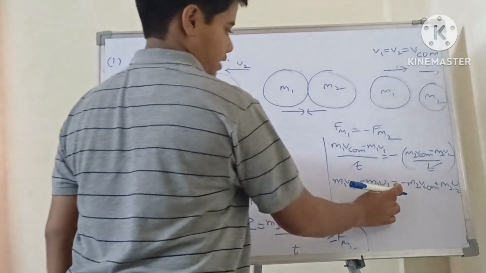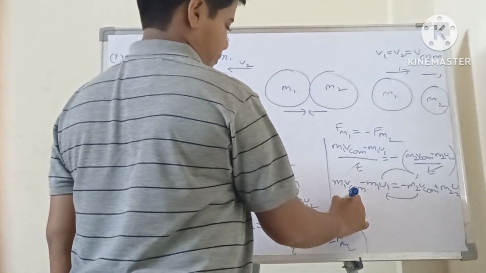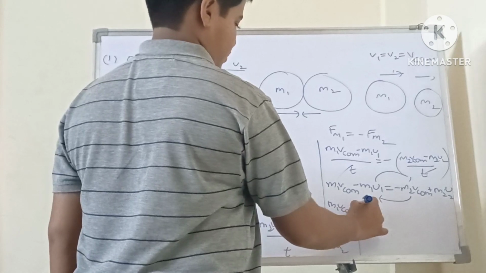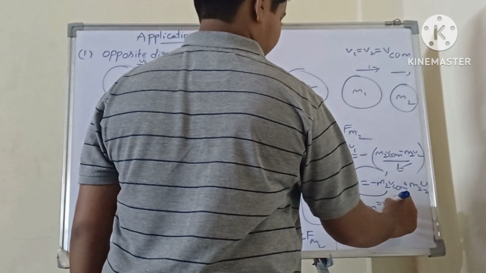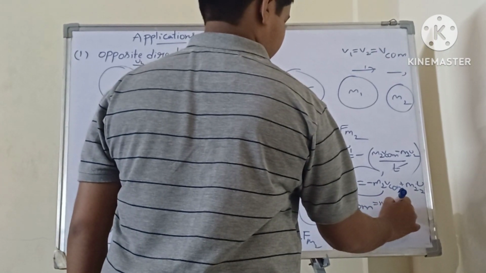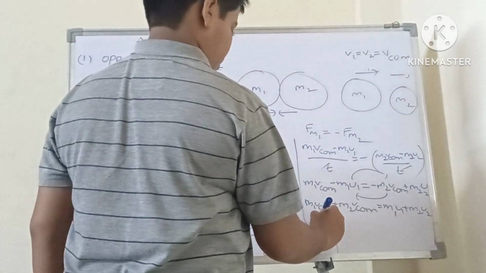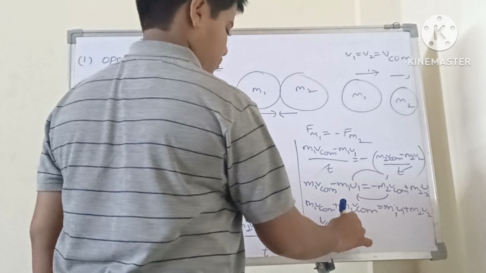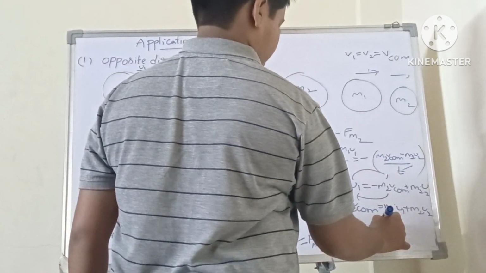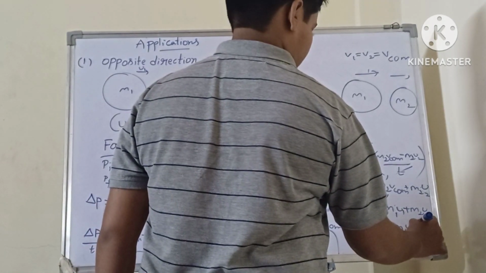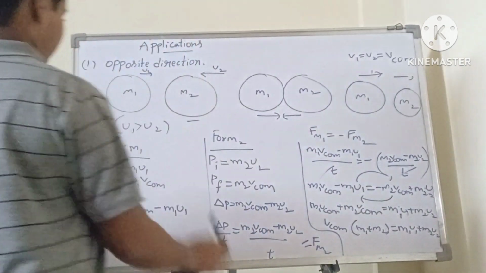So here I am transferring terms to this side and this side. So m1 vcom plus m2 vcom is equal to m1 u1 plus m2 u2. So here vcom is common, so vcom times m1 plus m2 is equal to m1 u1 plus m2 u2.